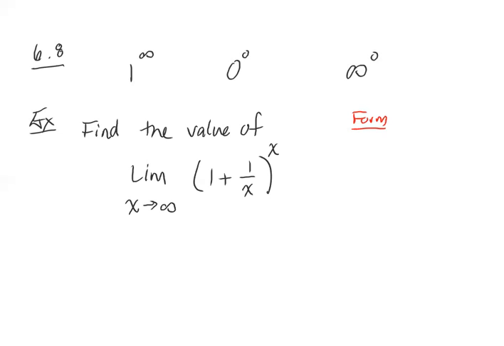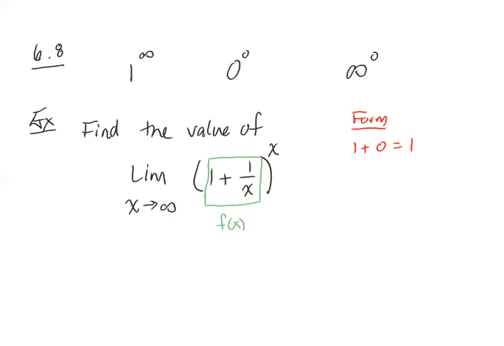The inside, which I might call f of x, as x approaches infinity, f of x does what? This 1 remains constant. The denominator gets very large, approaches infinity. So that approaches 1 plus 1 over infinity, which is 0, which is equal to 1.